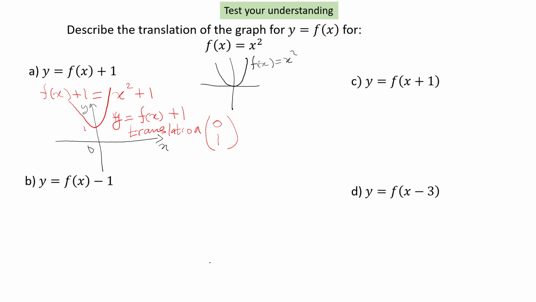Next one, y equals f(x) minus 1. So f(x) minus 1 means the original f(x), x squared, minus 1. So the graph is going to move downwards by 1.